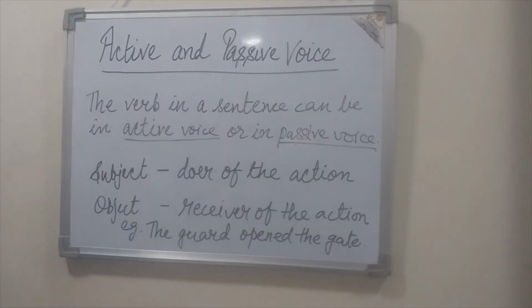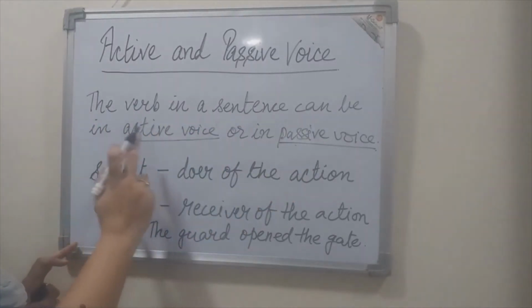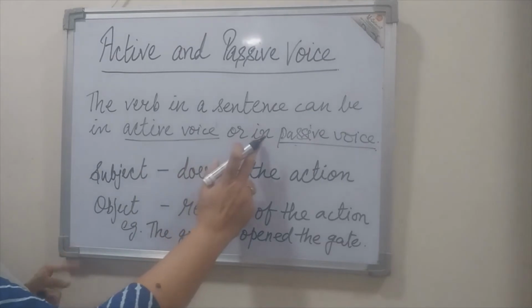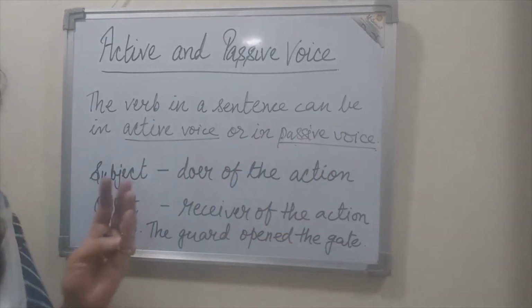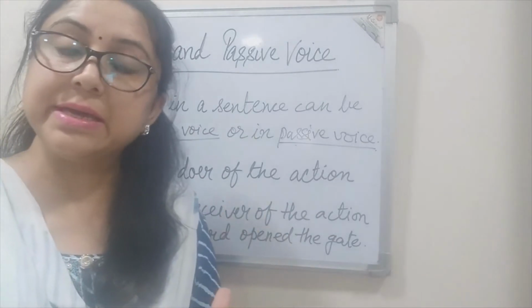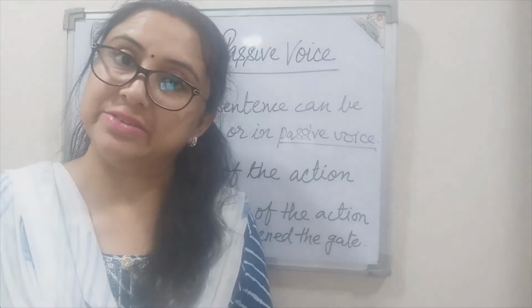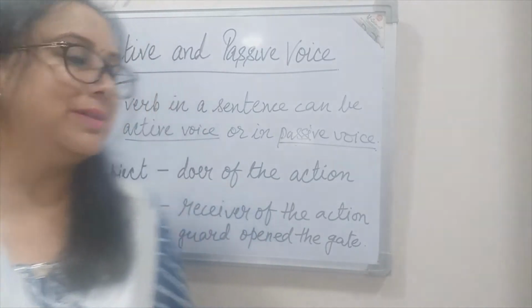Further, we learn that the verb in a sentence can be in active voice or in passive voice. So it is all about verb. The verb can either be in active voice or it can be in passive voice. Now let us see how.